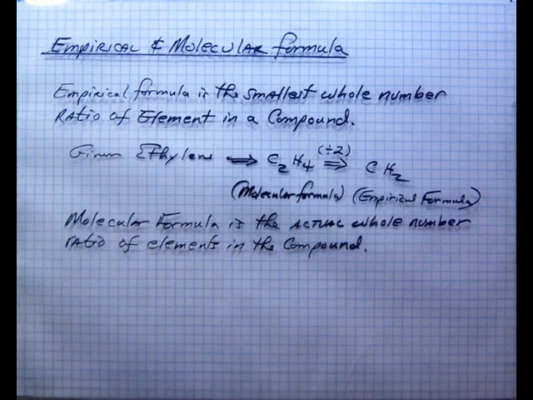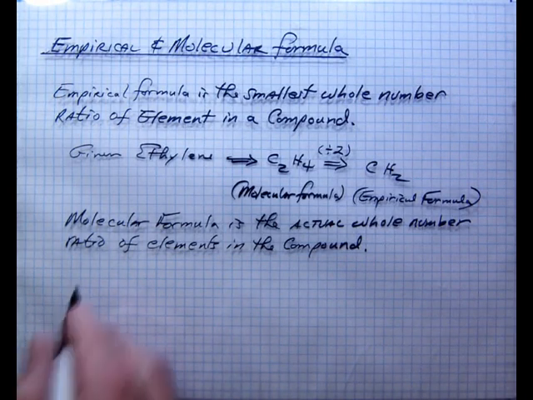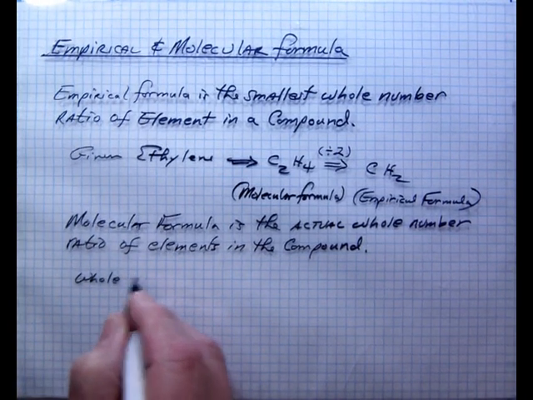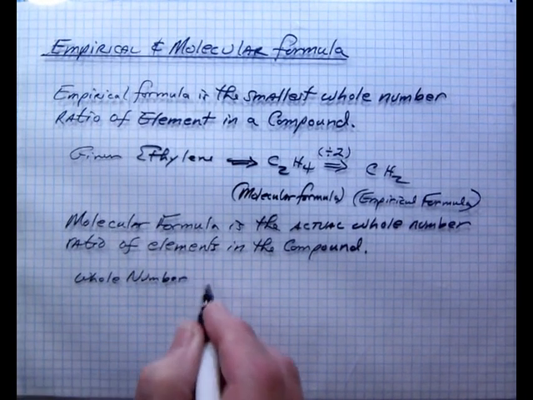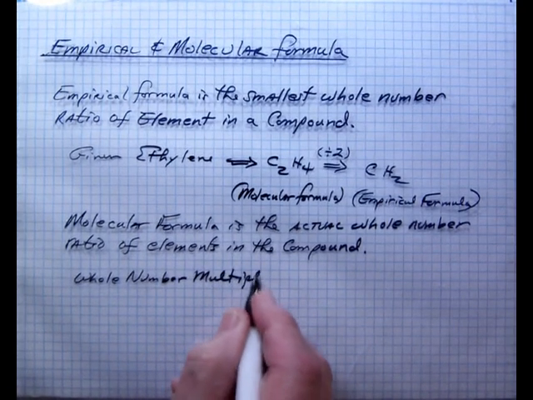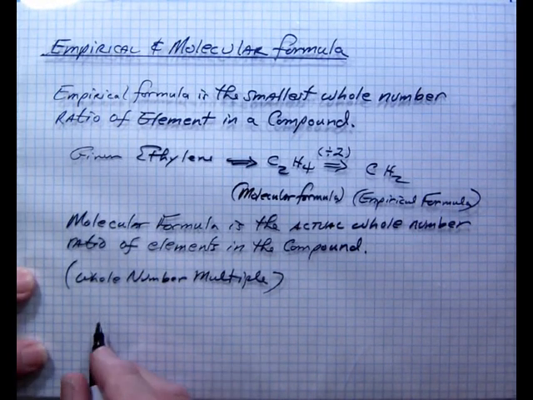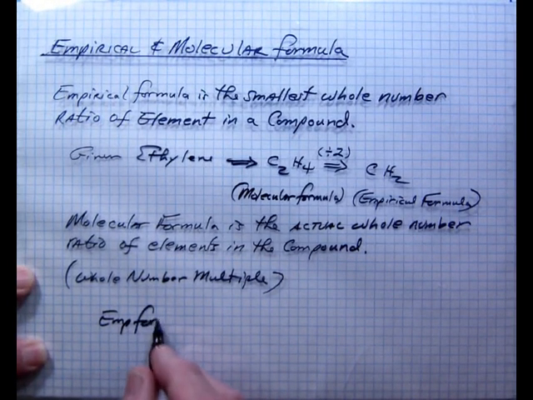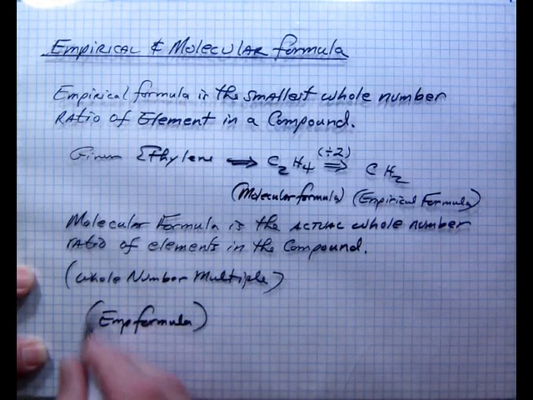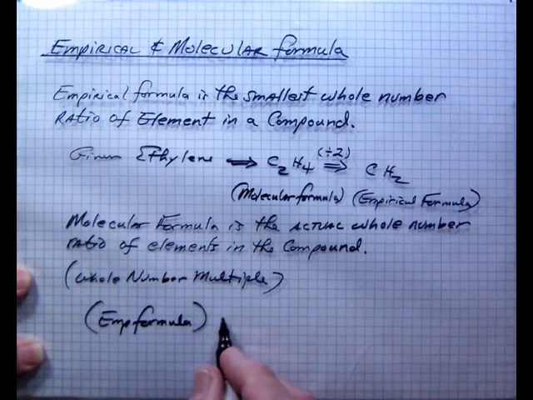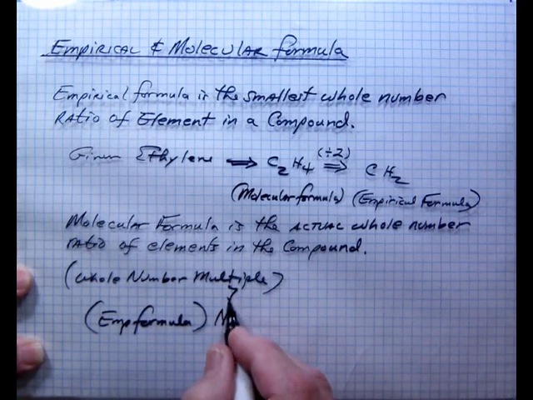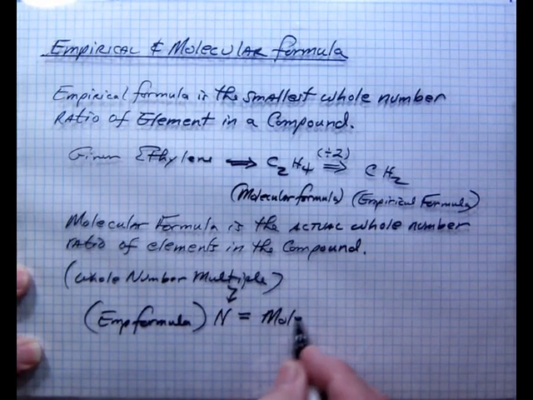For problems that you will be working, you will need to know the relationship between empirical formula and molecular formula. And the difference is what we call a whole number multiple. Now, if I had the empirical formula times a whole number multiple, say n, I would have the molecular formula.